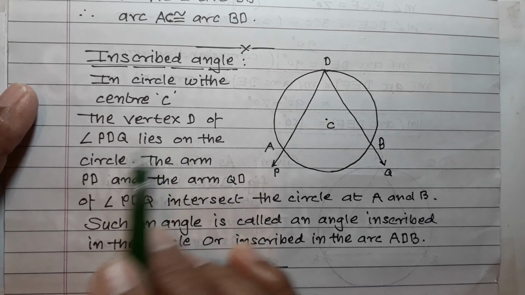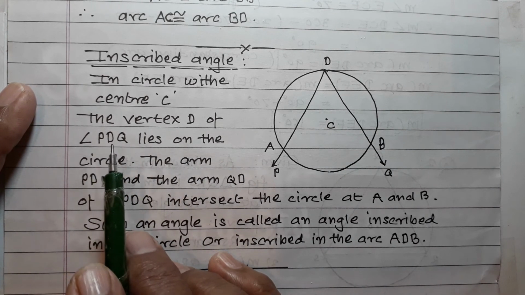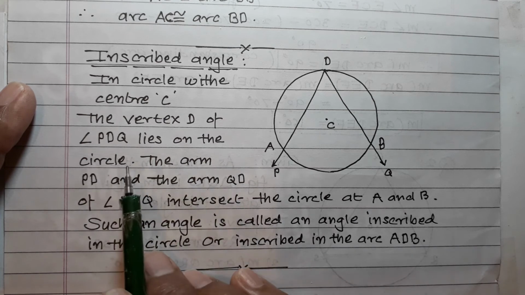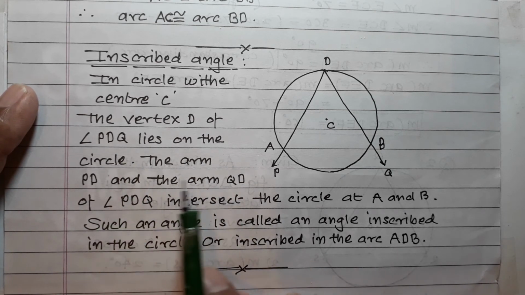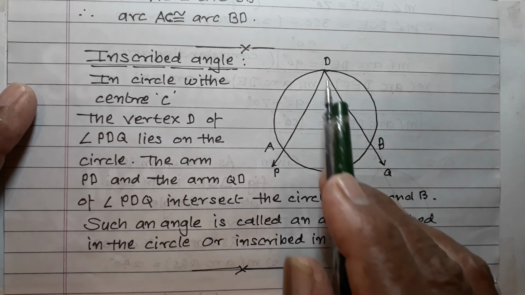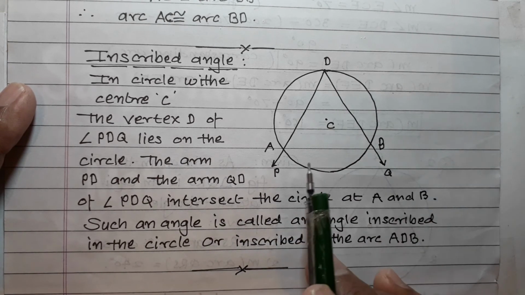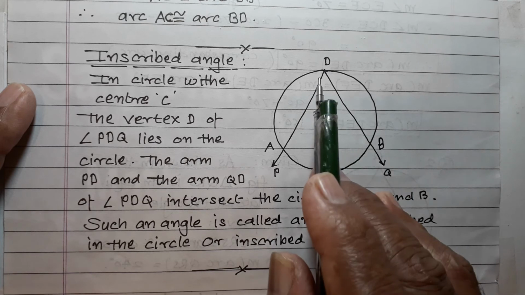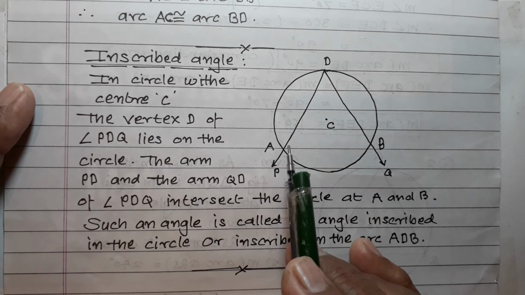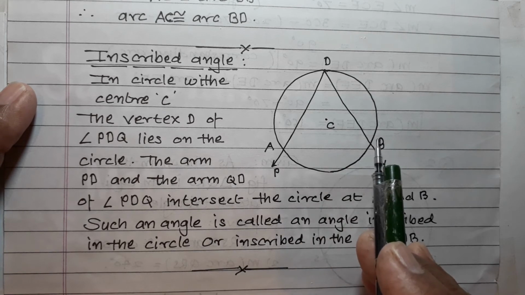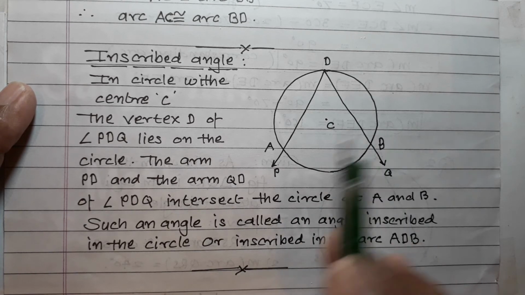The vertex D of angle PDQ lies on the circle, and the two arms PD and QD intersect the circle at A and B. Okay.